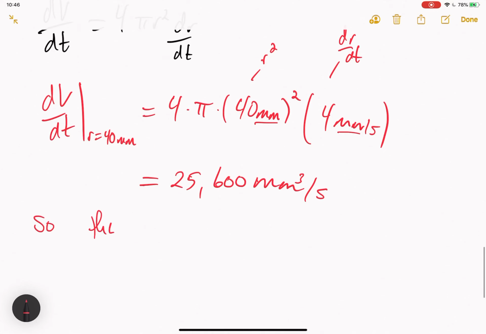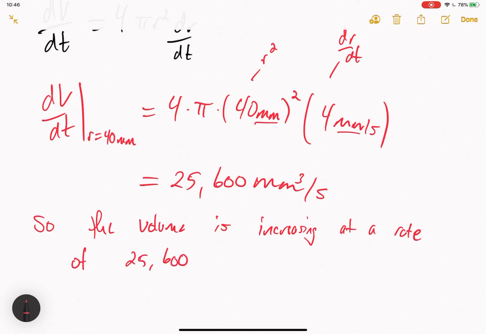So in this case, the volume is increasing at a rate of 25,600 millimeters cubed per second when r is equal to 40 millimeters.